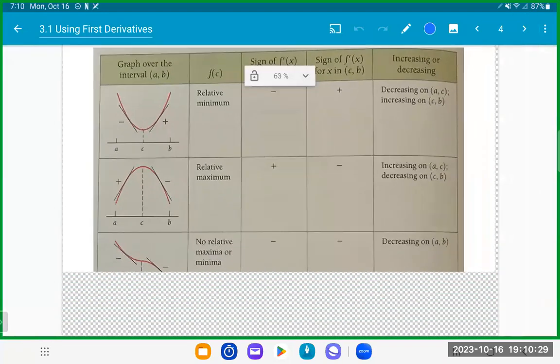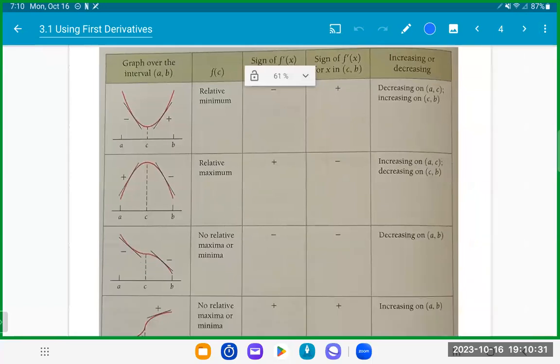Okay, so this right here, let me flip in the book and tell you what page that's on. This is on page 268 of your textbook. This is basically what I just gave you in all of those theorems, laying it out graphically.